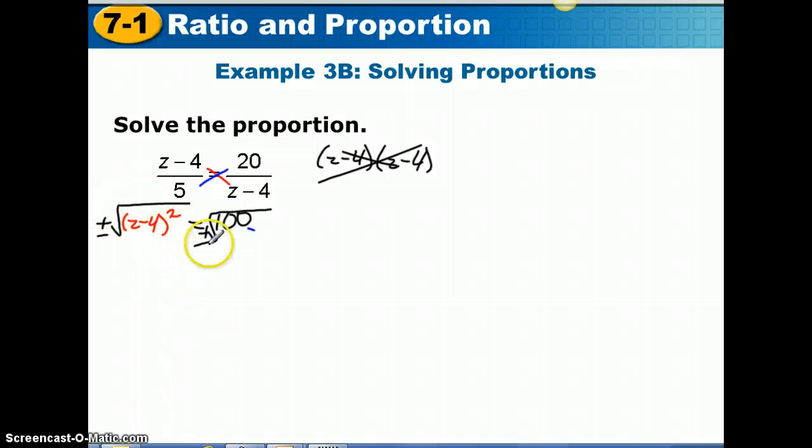So if we take the positive and negative square root of both sides, we get z minus 4 all alone on the left side. On the right side, we would consider positive and negative square root of 100. Well, the square root of 100 is 10. So I really must consider positive and negative 10. This tells me we can split this into two equations.